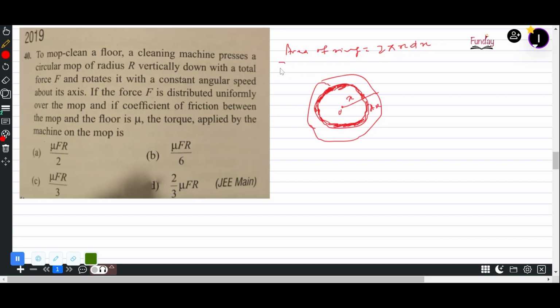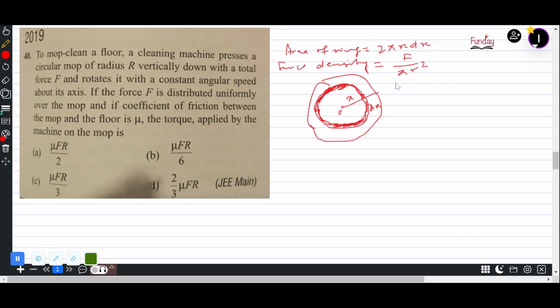and what is the force density? Force density is F by pi r square, right? And the coefficient of friction is mu.